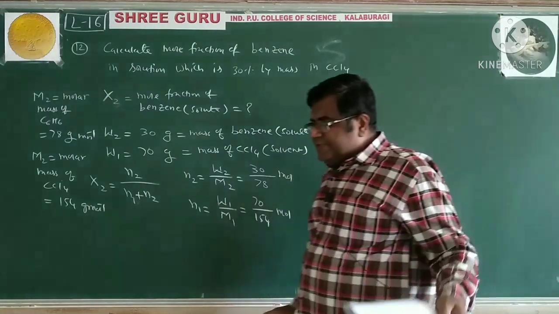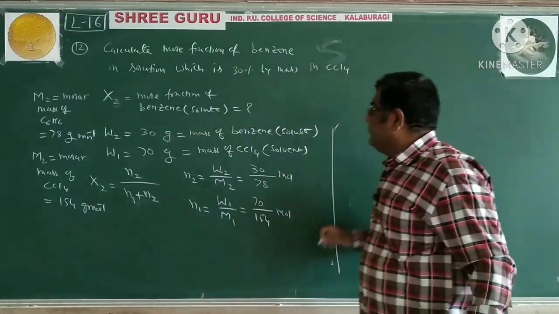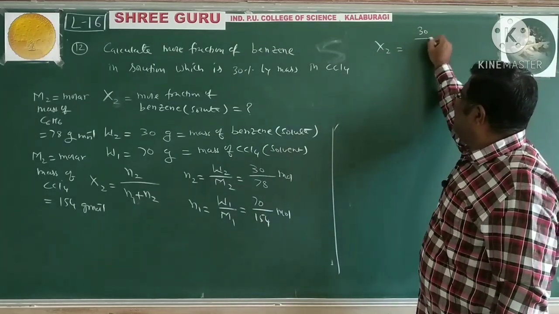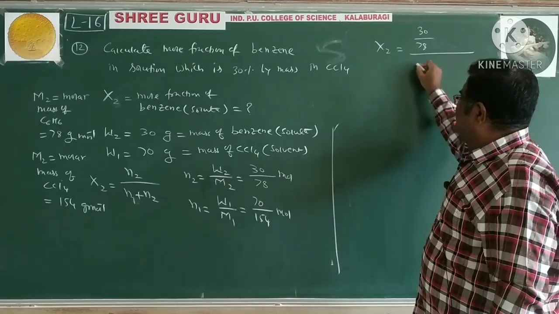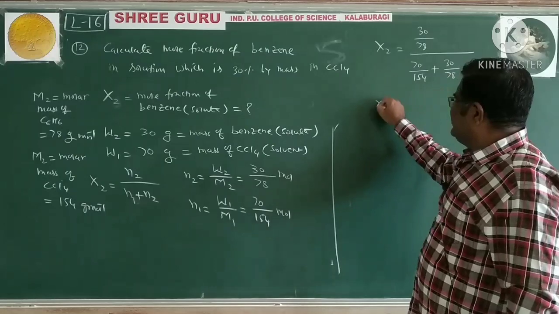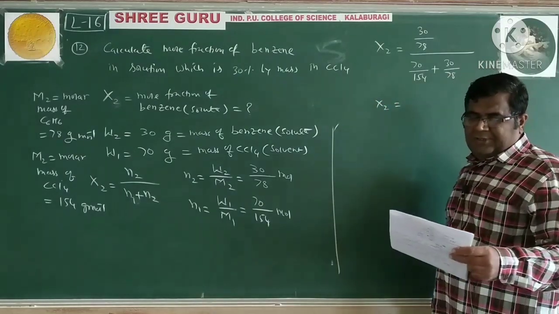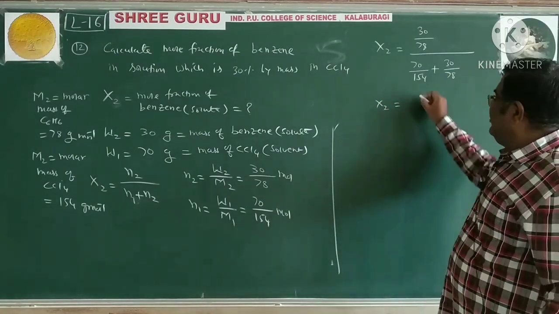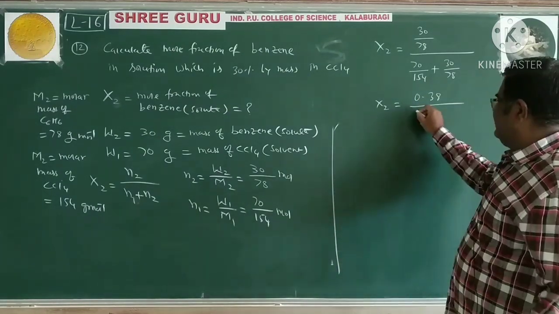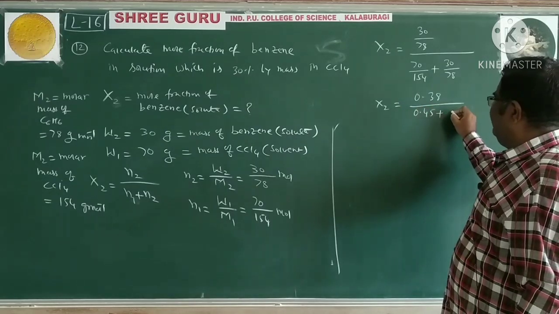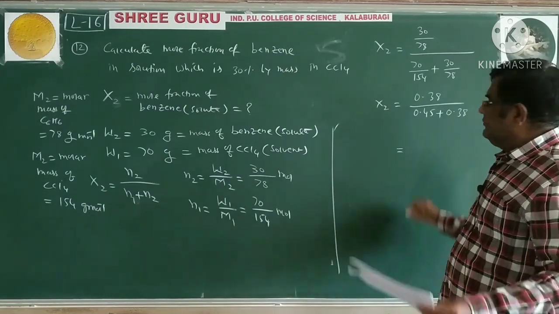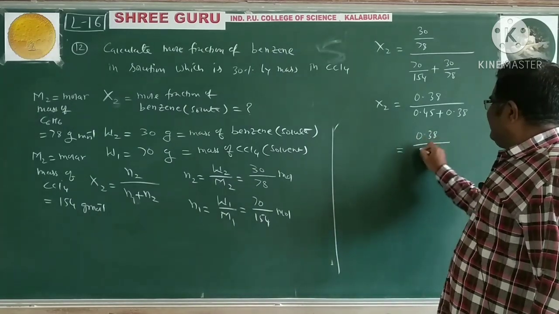We can just substitute: X2 is nothing but 30 by 78 divided by 30 by 78 plus 70 by 154. 30 by 78 is 0.38. 70 by 154 is 0.45, and 0.38. So 0.38 divided by 0.83.